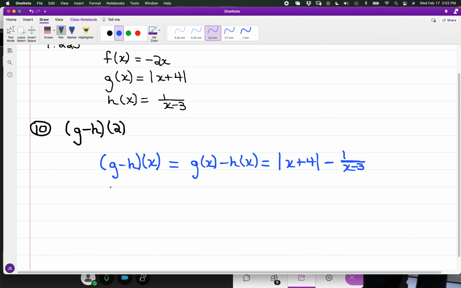Now, for the input value at 2, we have g minus h of 2, and replacing x with 2, I have g of 2 minus h of 2.